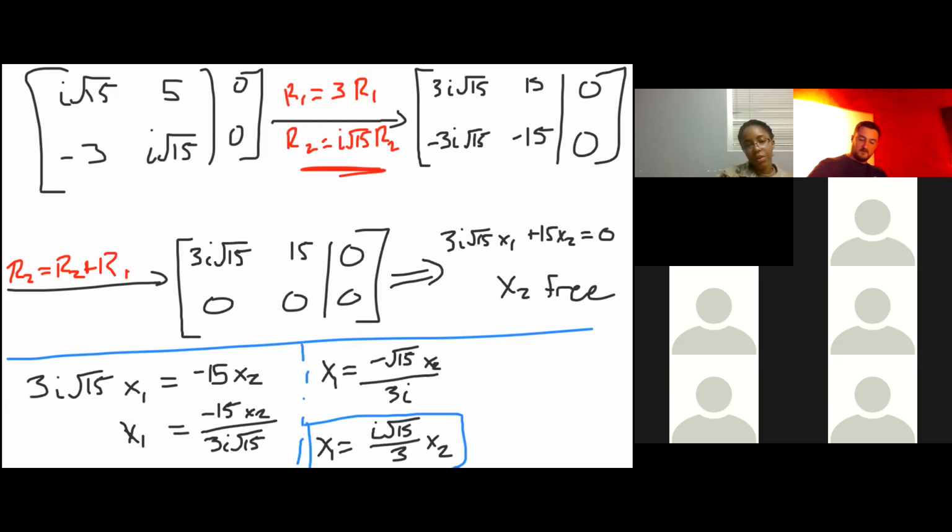How did you get rid of the square root of 15 and the 15? Like, how did you put that to the top? X divided by the square root of x gives me what, Chevy?